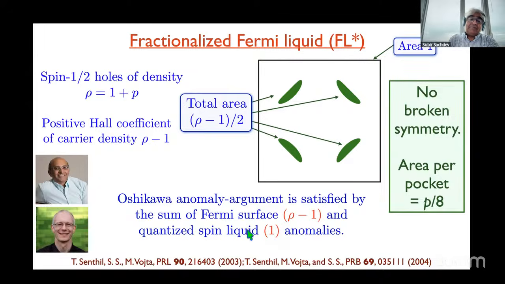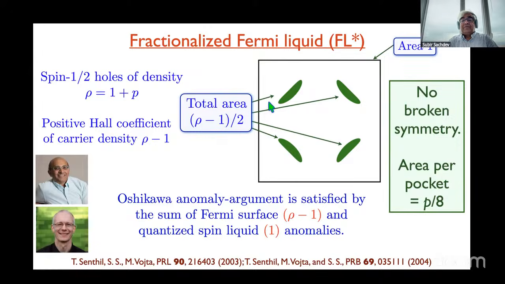So then the sum of the Fermi surface anomaly and the spin liquid anomaly should add up to the density. And so that tells you that there can be Fermi surfaces which have total area rho minus 1, not rho. So you can subtract, but you can't subtract any amount you want. You can only subtract a quantized amount. And the quantized amount, the simplest case, is 1.